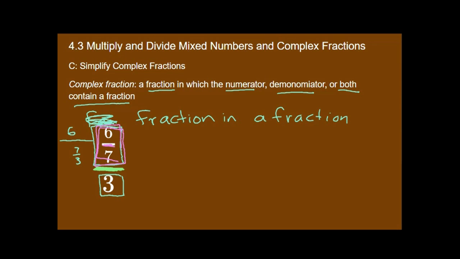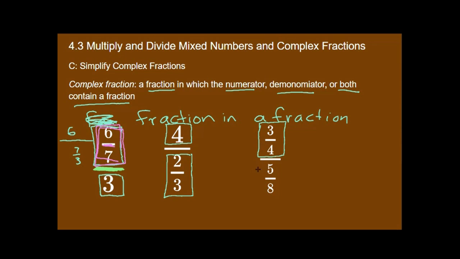Okay, so that's one example where you have a fraction on the top and then a whole number on the bottom. Another example would be the opposite, where you have a whole number on the bottom, that's your denominator, and your numerator is a fraction. And then over here we have both, a fraction as the numerator and a fraction as the denominator.